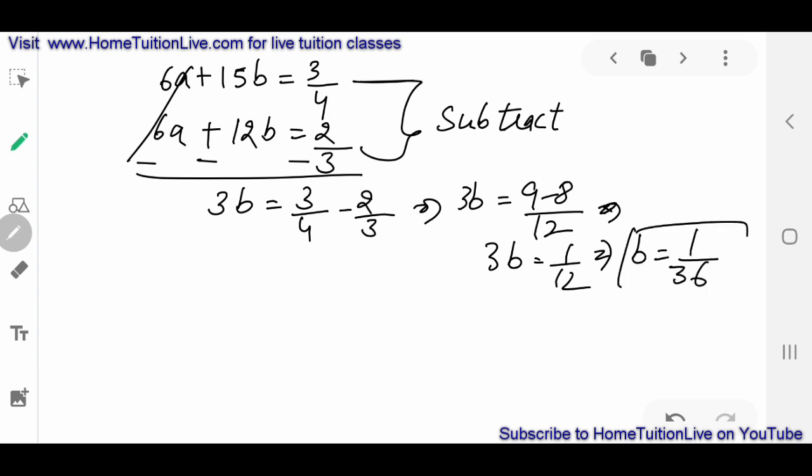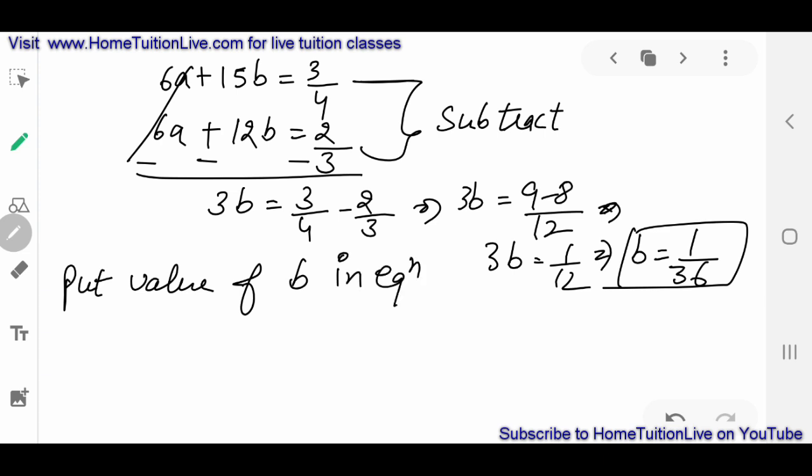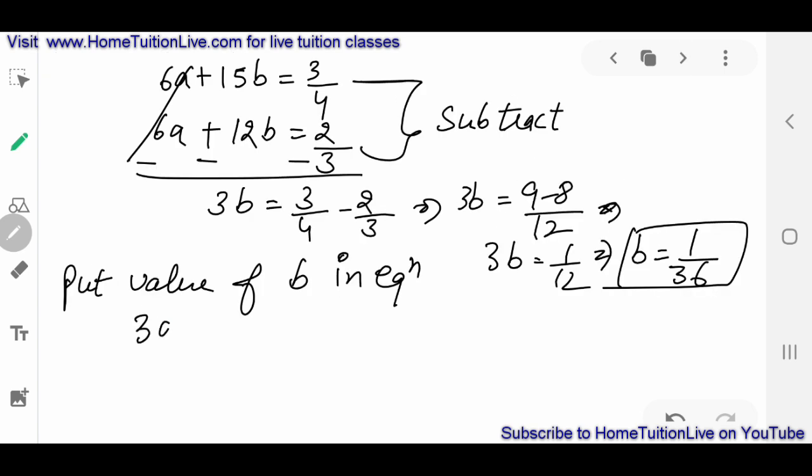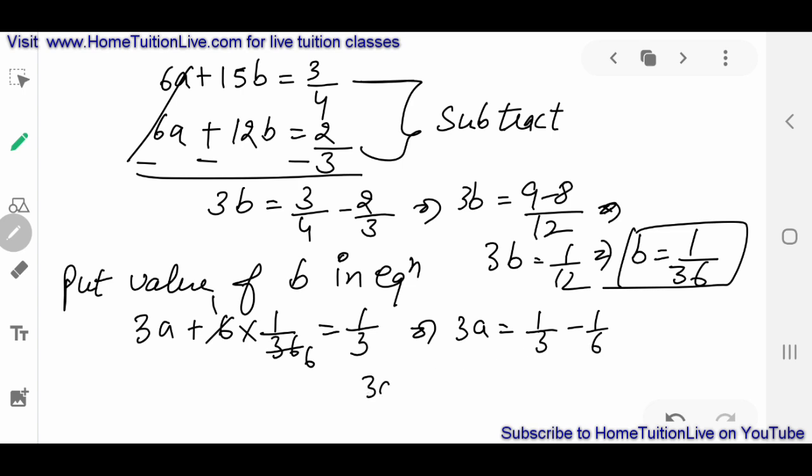Now put the value of B in equation 2. 3A plus 6 into 1 upon 36 equals 1 upon 3. That is 3A equals 1 upon 3 minus 1 upon 6. That is 3A equals 1 upon 6. A is equal to 1 upon 18.